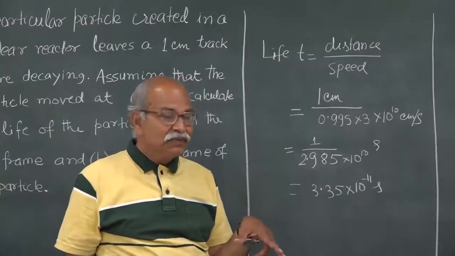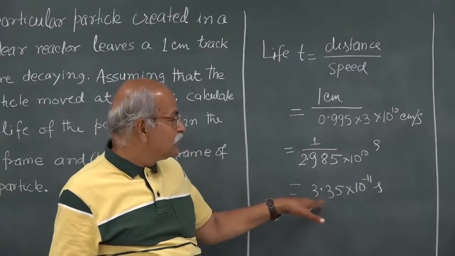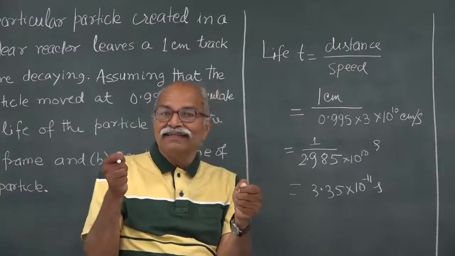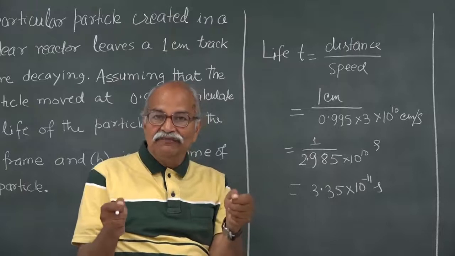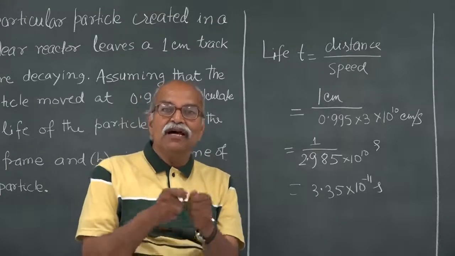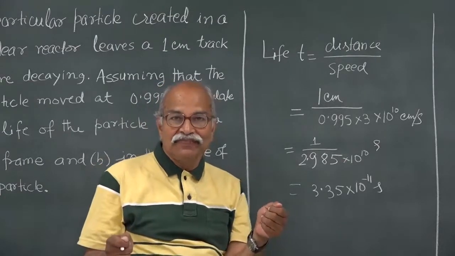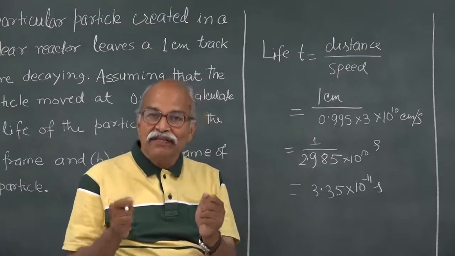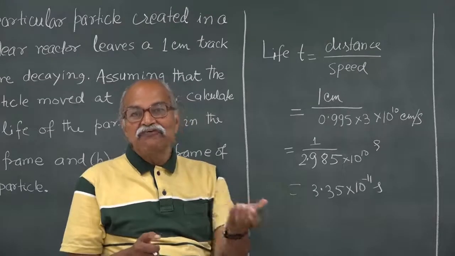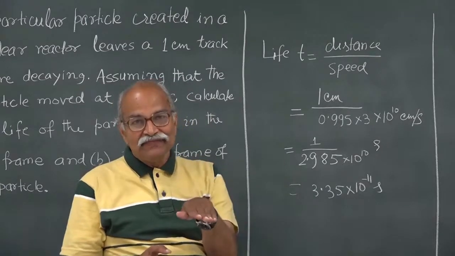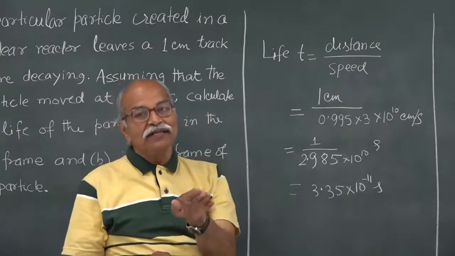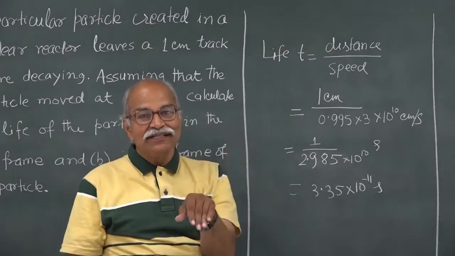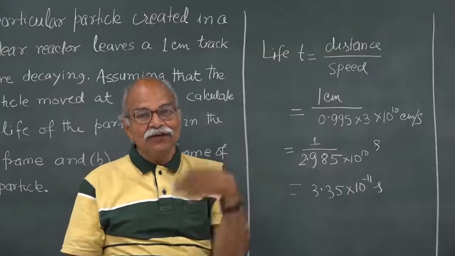So, you can see that the particle created and particle decayed, these two events are 1 centimeter apart in the lab frame. So, this is not the proper time interval, whereas if you go in the particle frame, if you put your origin on the particle itself, so the particle is created at the origin and the particle decays at the origin.